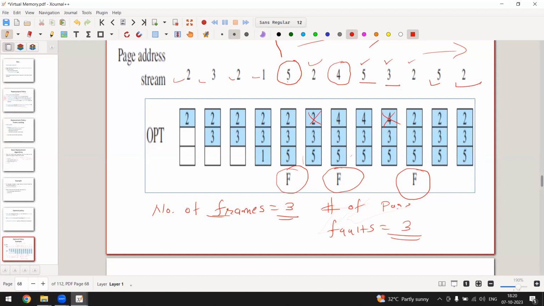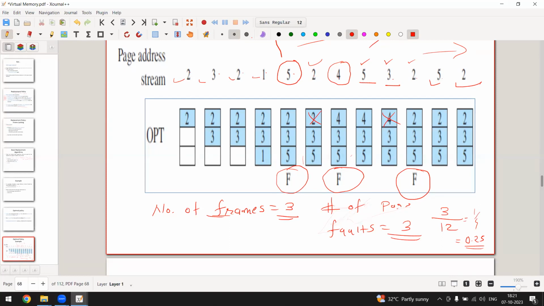It means how many references did you make? 1, 2, 3, 4, 5, 6, 7, 8, 9, 10, 11, and 12. So out of 12 references, there were 3 page faults. So 1 by 4 or 0.25 is the page fault rate. So I can say that 25% of the requests are resulting into a page fault.